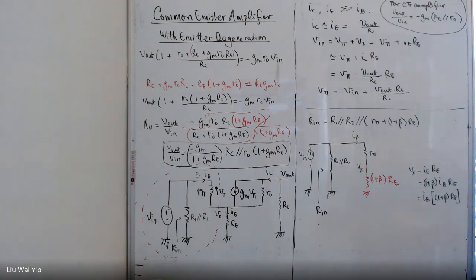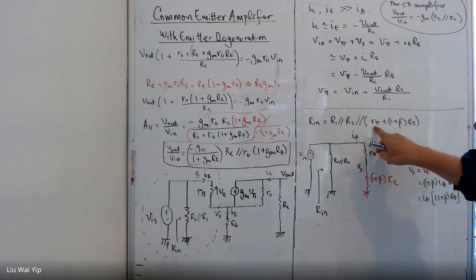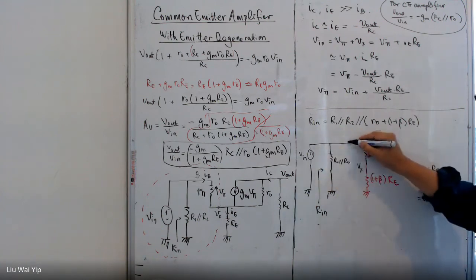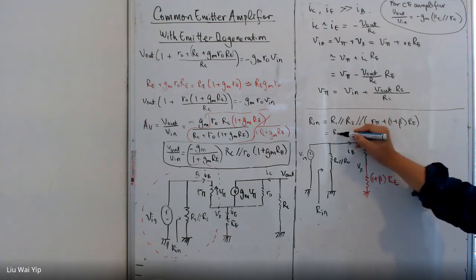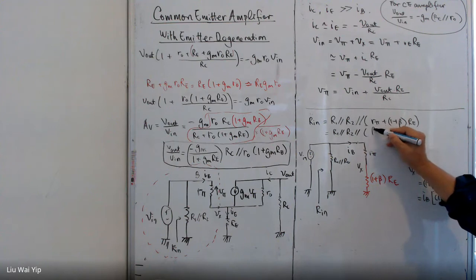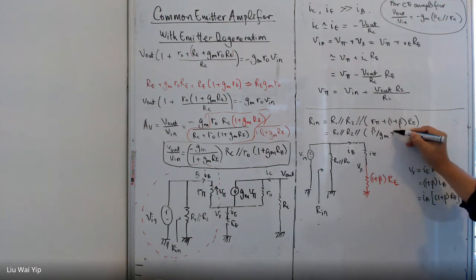What we can do is, we know R pi is equal to what? R pi is equal to beta divided by Gm. And this one is almost the same as beta.